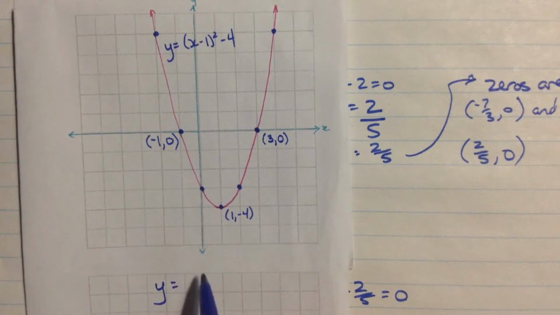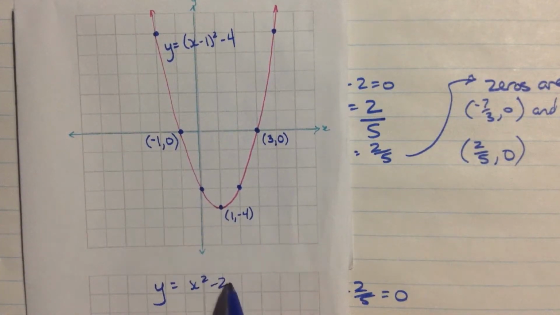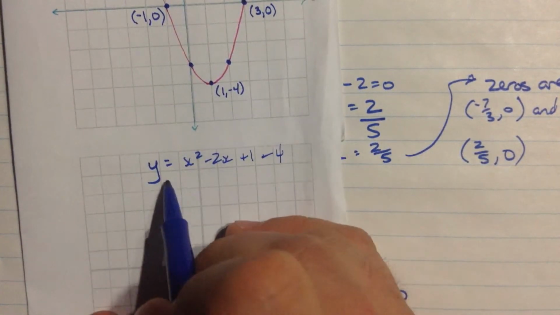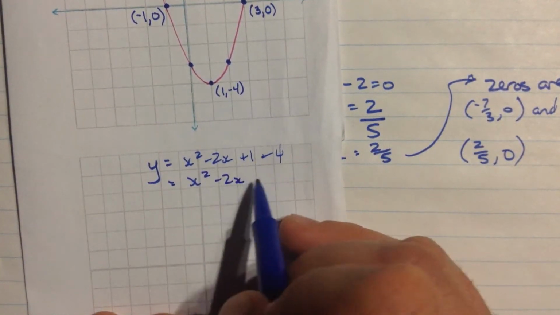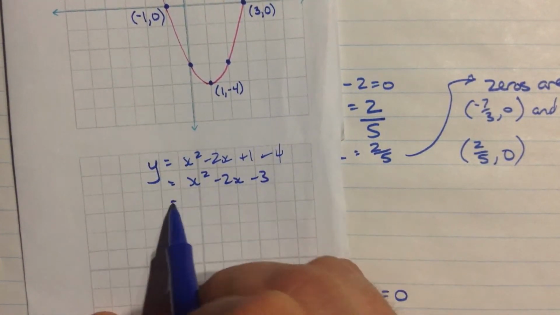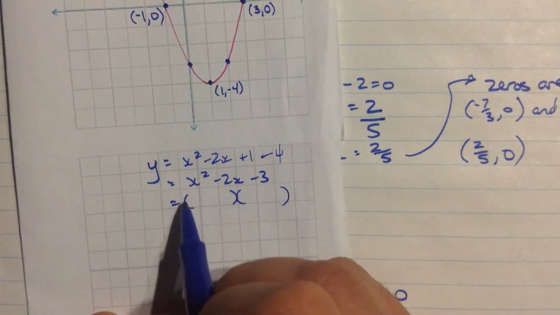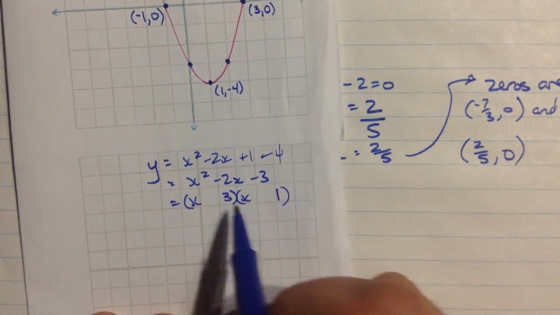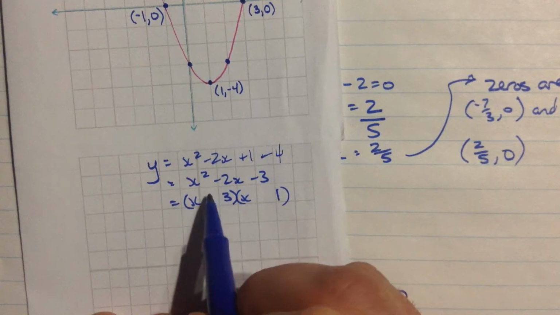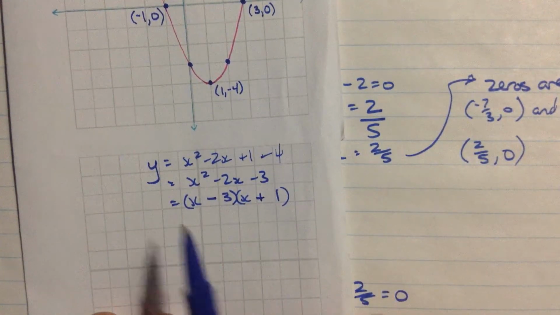I'm going to expand that. That's going to be x squared minus 2x plus 1 minus 4. Okay, I'm going to keep going from there, collecting like terms here. And now I'm going to factor that. Let's see, I need a 3 and a 1, and the 3 will be the negative, and there's the positive.